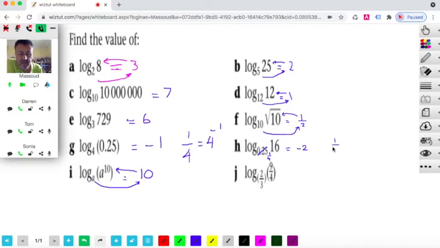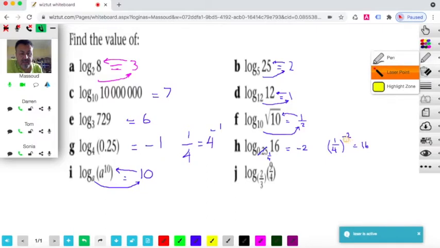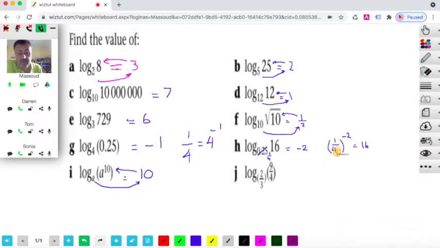So in fact what we're saying is a quarter to the power of minus 2 is in fact equal to 16. So that negative there matters. If that negative wasn't there, and we just had a quarter squared, you get 1 over 16. But because there is a negative there, that will reciprocate the answer, which means the 1 over 16 actually becomes 16.